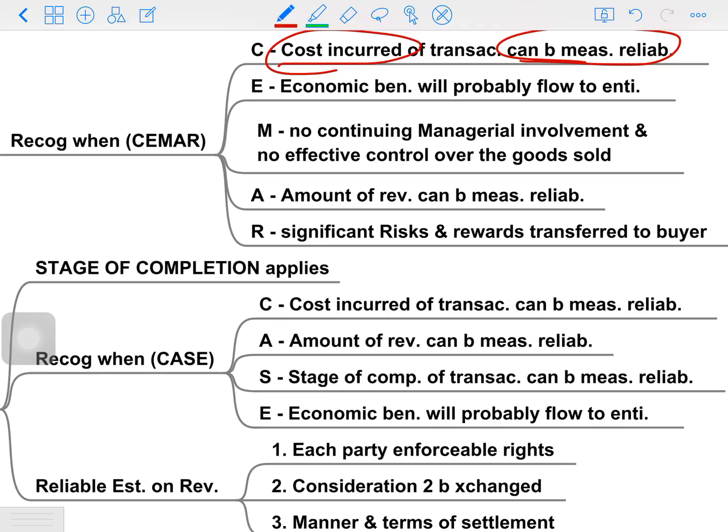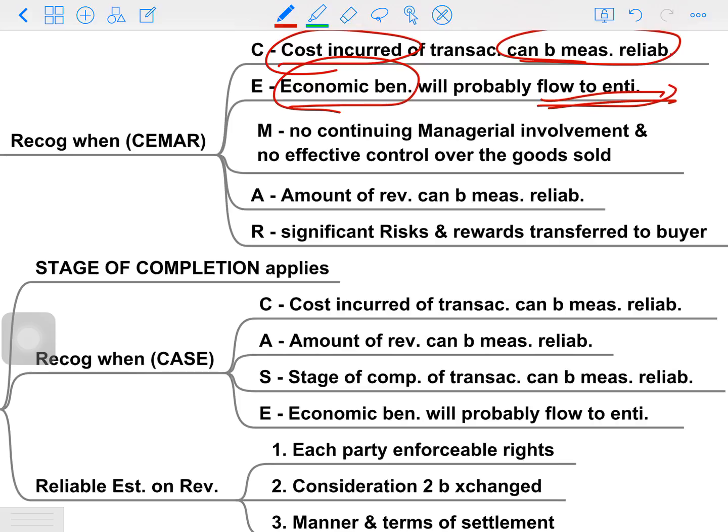Maknanya ada cost dia, kan? Jadi profit tu plus profit you get revenue, kan? Cost plus profit you get. So you can measure your revenue reliably. The second condition is that the economic benefit will probably flow to the entity. Maknanya if you sell the goods, you will most probably get the money that you are promised to get when you sell your goods.